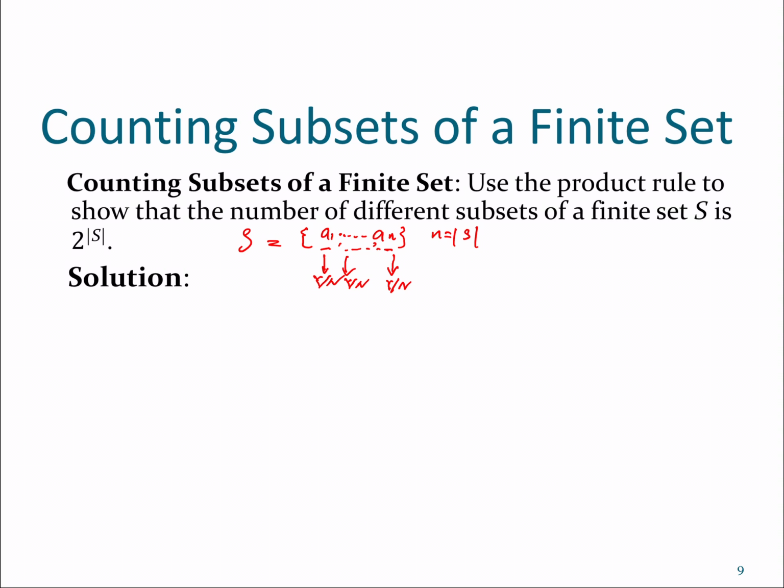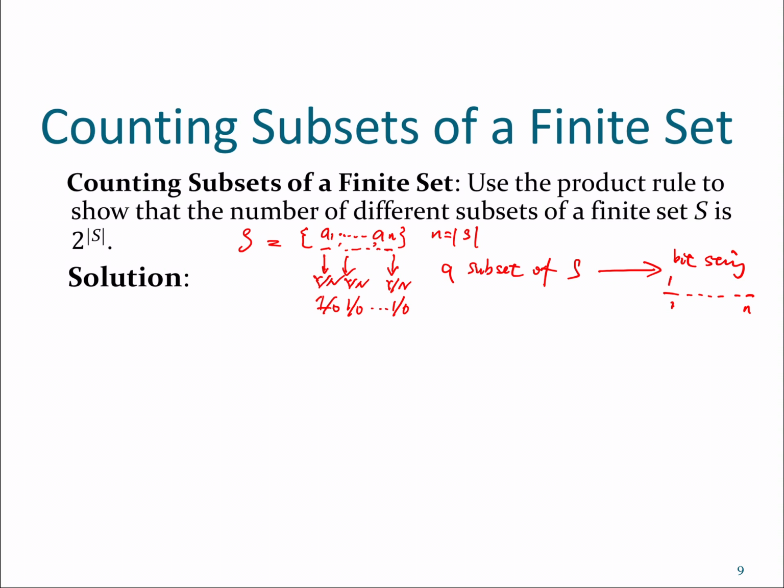We can also consider that if an element is included in the subset, it is 1, otherwise 0. So 1, 0, 1, 0 on every one of the elements. Therefore, any subset of capital S can be translated into a bit string, for position 1 to position n.